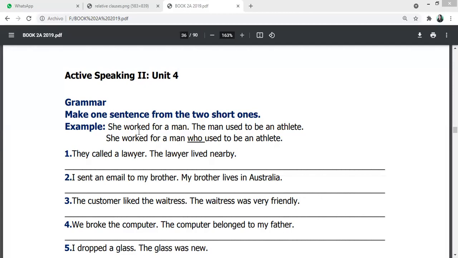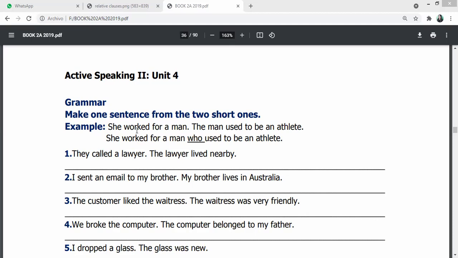So we are going to practice right now non-defining relative clauses, okay? Do you remember how to use non-defining relative clauses? How can we use them?